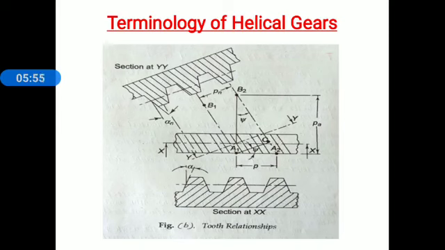The distance A1C is called normal circular pitch, denoted by the letter P suffix n, and that is measured along the plane perpendicular to the tooth element.